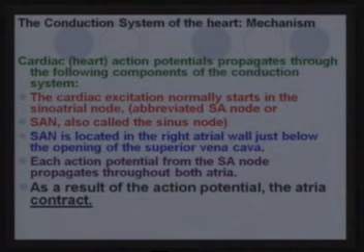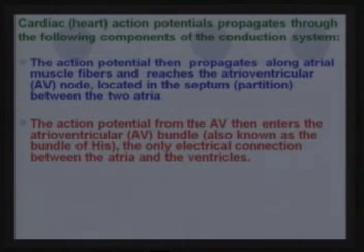When it contracts, its signal or action potential moves through both the atria, causing both the atria to contract. Then this causes a signal at the atrioventricular node, which is located between the atria and the ventricles, and this causes a downward conduction signal towards both sides of the heart, and the ventricles contract.